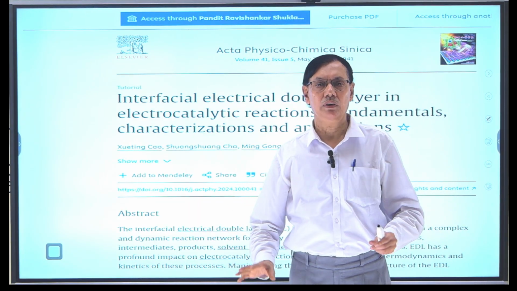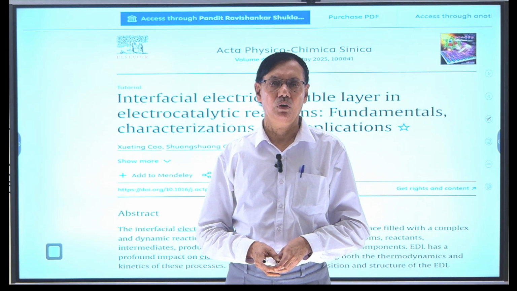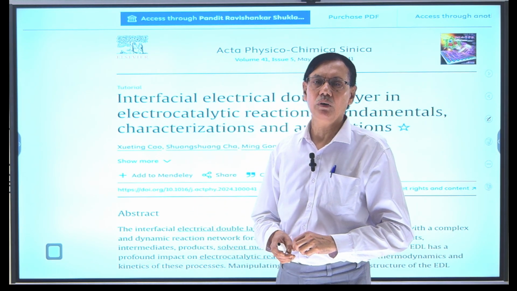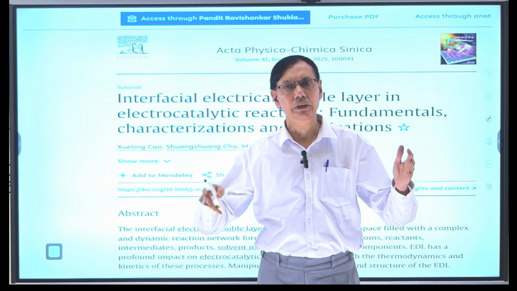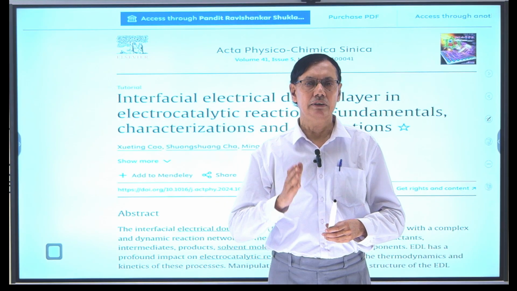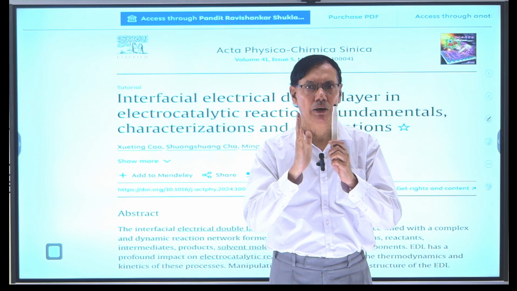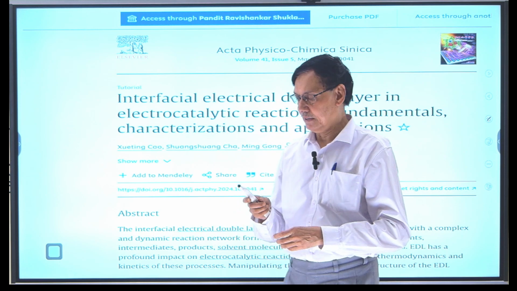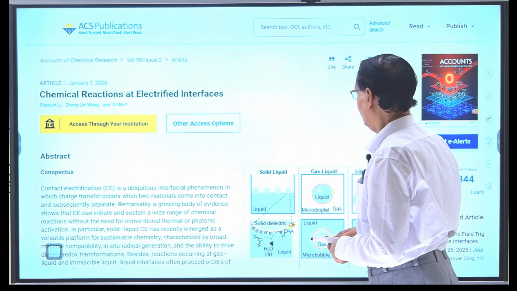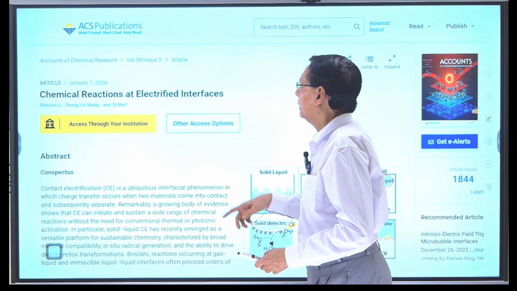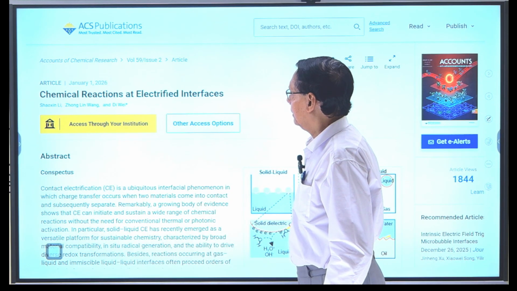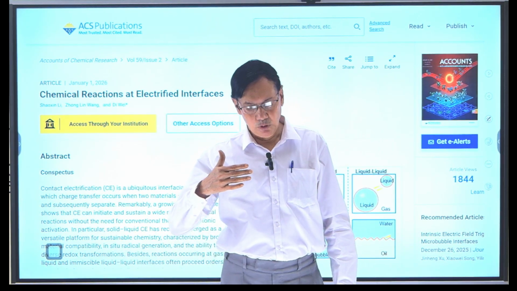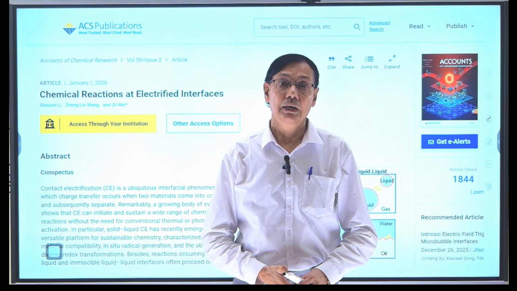But don't worry, I will not discuss the research methodology or research orientation. I will only give the actual meaning of it, what it means, why it is called an electrified interface, what is actually the electrical double layer, what is the diffuse layer or compact layer. But I will also request all the students to please go to this very recent article, Chemical reactions at electrified interface, because you also have to study electrocatalysis.